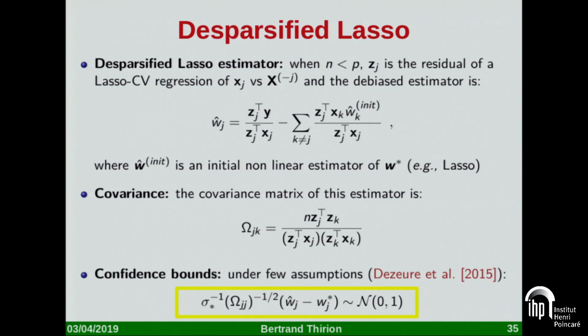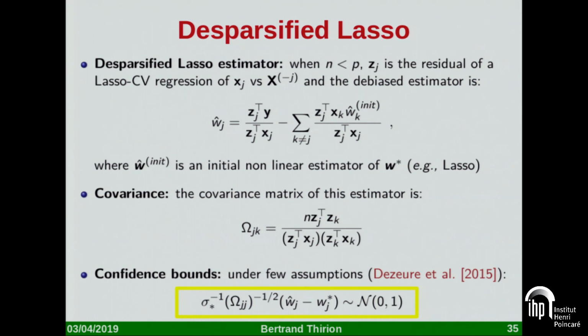There is a small correction term, which is a kind of debiasing, due to the fact that we are estimating wj in a setting where n is smaller than p. This disappears when n is larger than p.